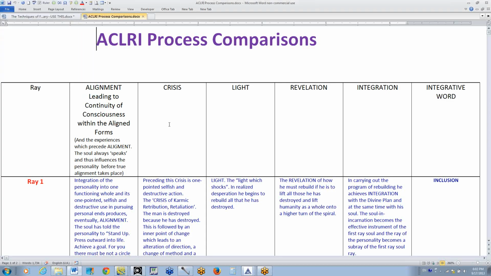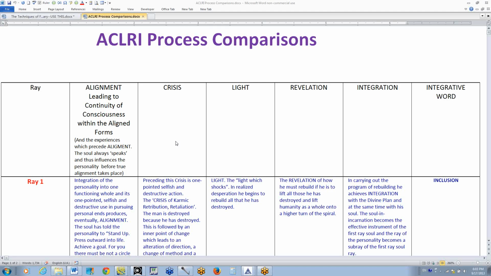At some point I've done the horizontal analysis of this particular tabulation that I assembled, but I'd like to do the vertical at some point and discuss the various ways in which the integration of the personality occurs for the different ray types, how there are crises, how alignment is achieved, the method of alignment.